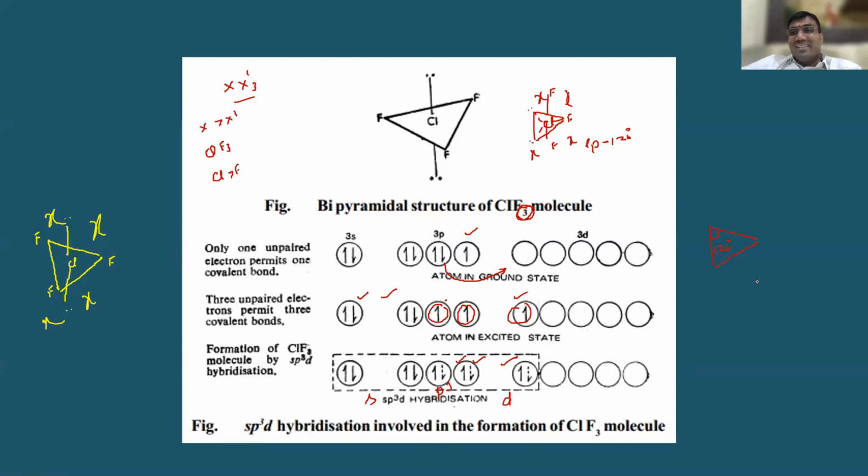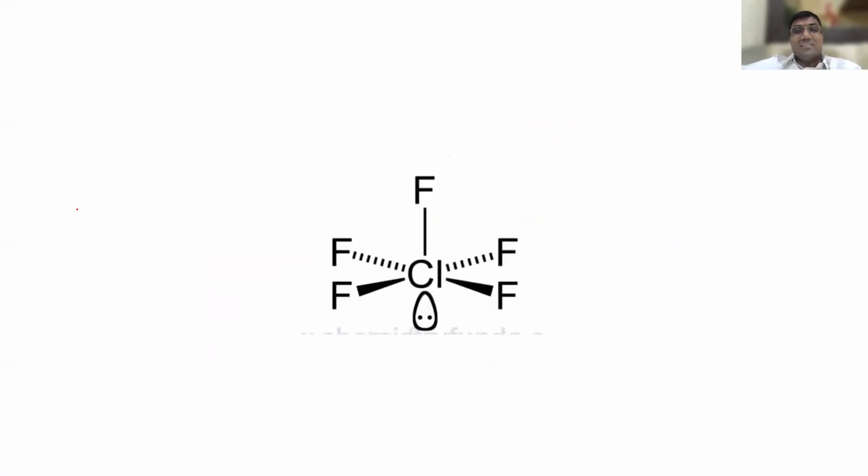Agreed. In the axial position, what is the bond angle? 90 degrees. So 120 degrees is safe. How many degrees apart are the lone pairs? 120 degrees apart, if you keep them in the equatorial position. It is safer than 90 degrees.